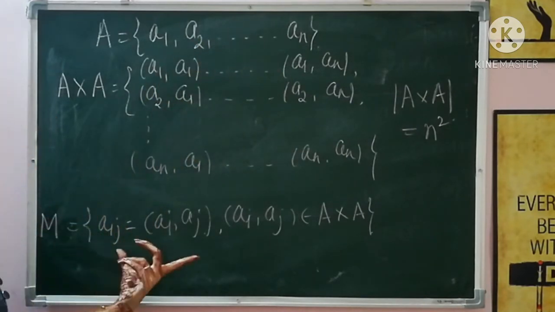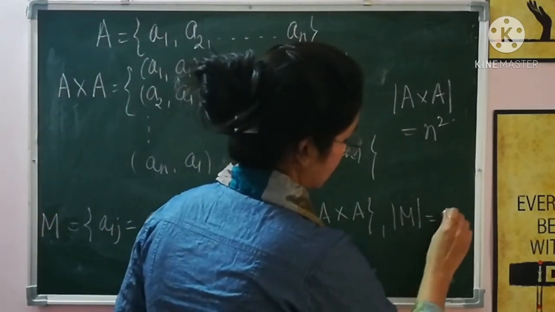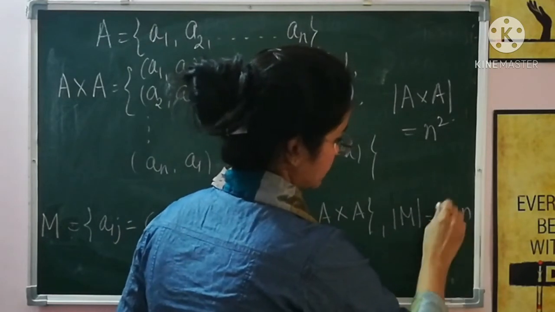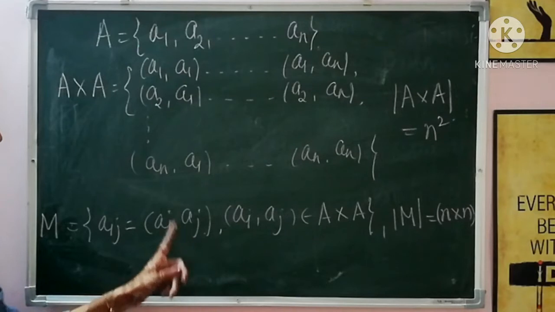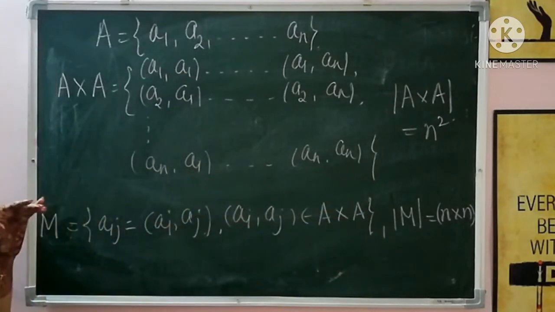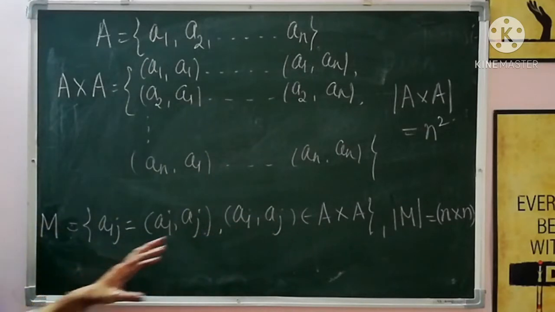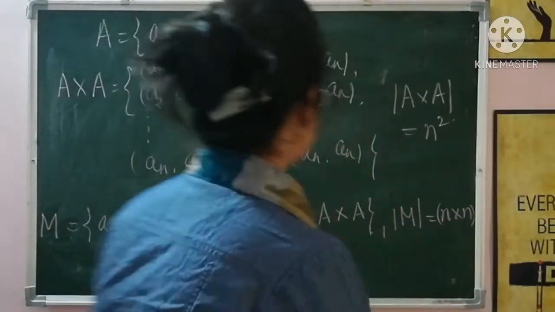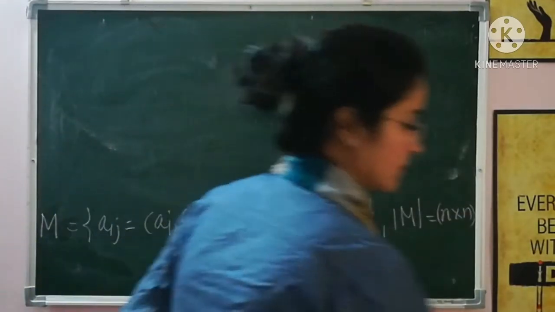What will be the order of this matrix? It will be n cross n, correct? Because i is running from 1 to n, and j is also running from 1 to n, so I will have n rows and n columns. Let us quickly make the matrix.